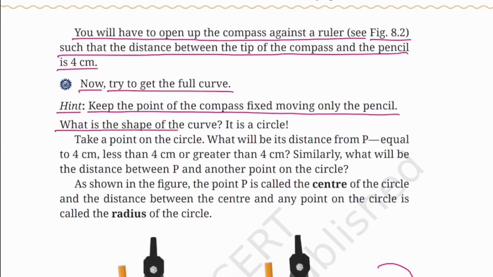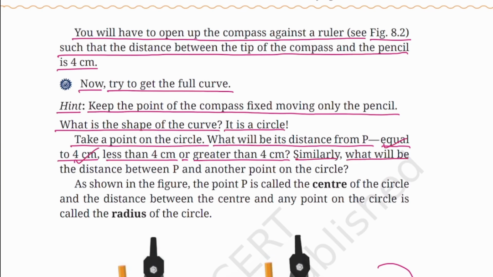What is the shape of the curve? It is a circle. Take a point on the circle. What will be its distance from P? Equal to 4 centimeters, less than 4 centimeters, or greater than 4 centimeters? The distance from the point P to the circle will be equal to 4 centimeters.